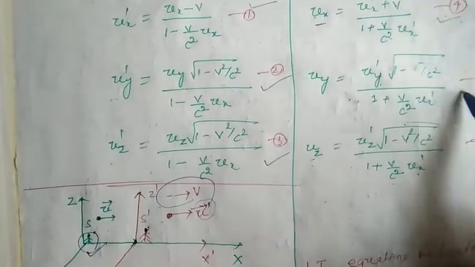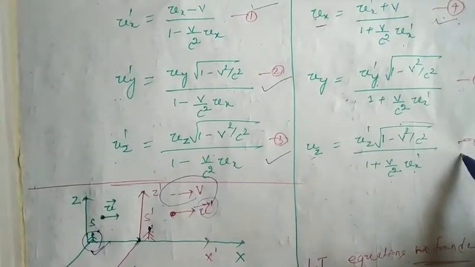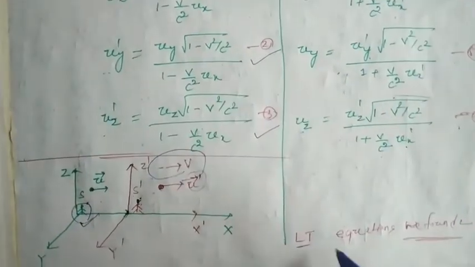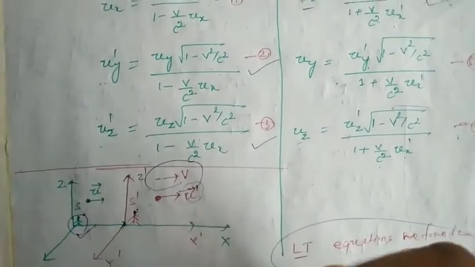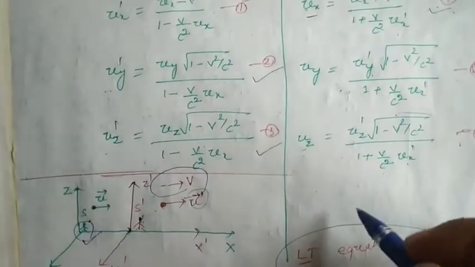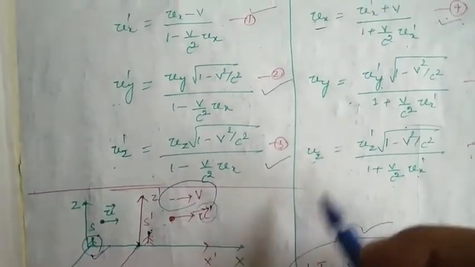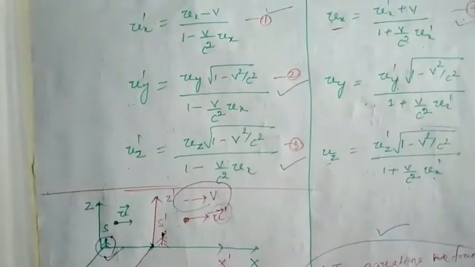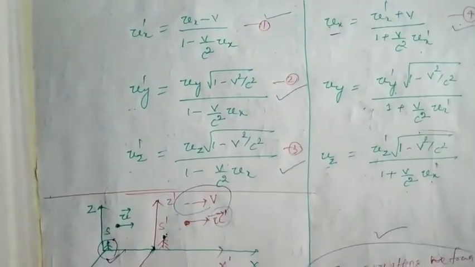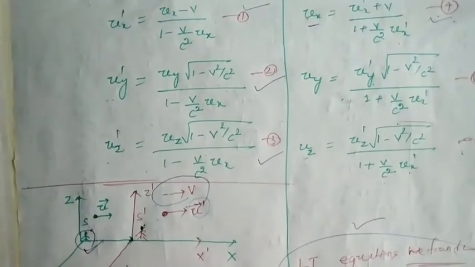Equation numbers 4, 5 and 6. These six equations we found by using the Lorentz transformation equations. So this much we discussed in our last class. Now we are going to use this concept and do some problems in this lecture.